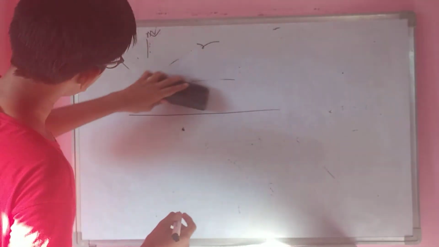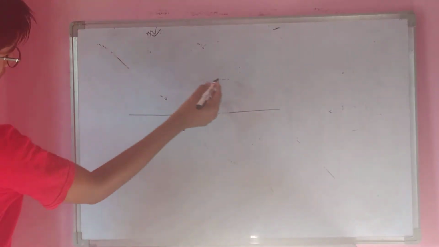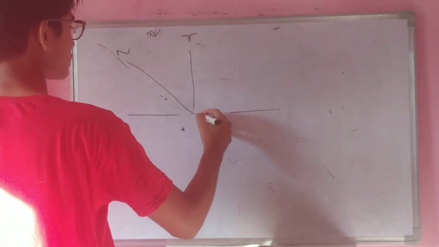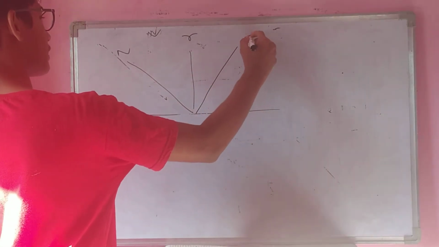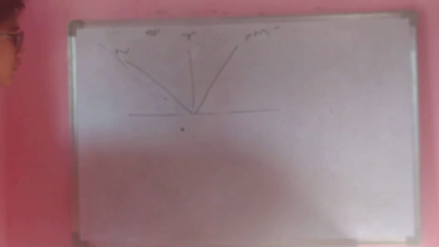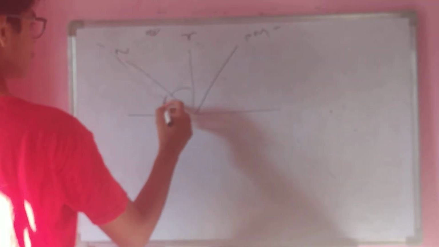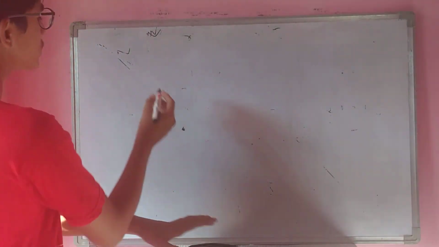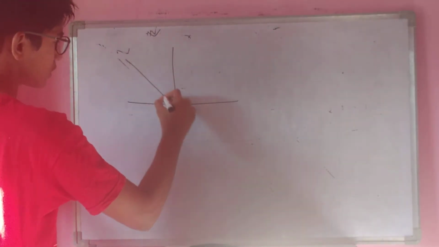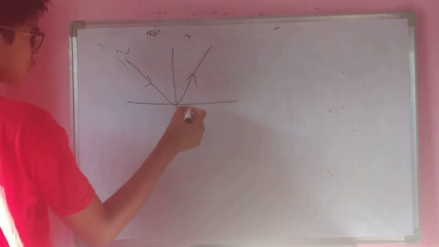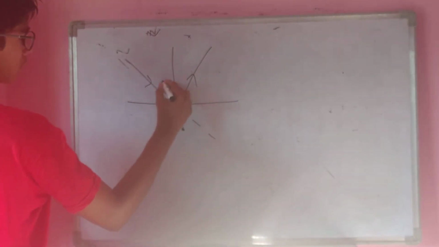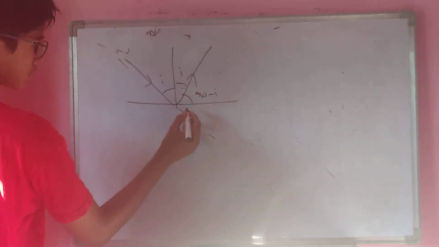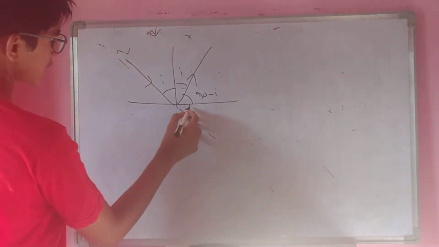Now see it in this manner: this becomes the reflected ray, this becomes the normal, and this is the plane mirror. Okay, this is an extra angle.